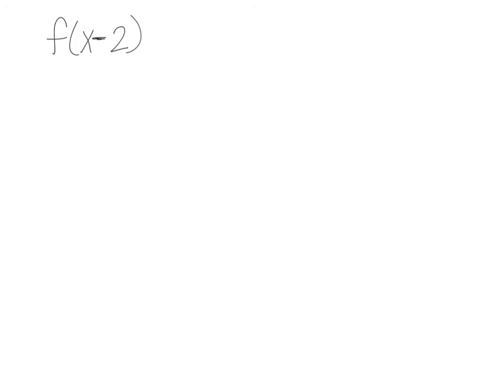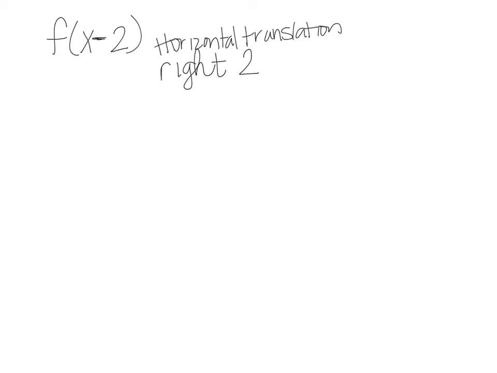And from our first slide, the notes we took on that, when I subtract a number, it does the opposite of what I think it's going to do, and it moves to the right. So we say it's a horizontal translation right 2.